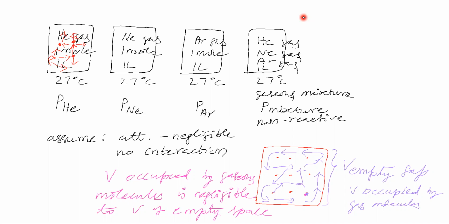Suppose the molecule is moving like this, in this direction; then its movement is not affected. If there is an obstacle, collision will be there and change of direction, that's all. So mostly independent behavior will be there.